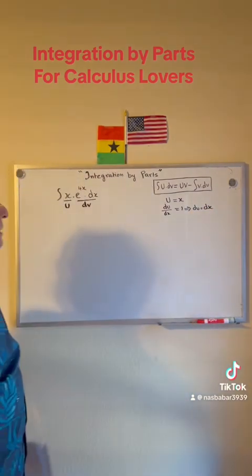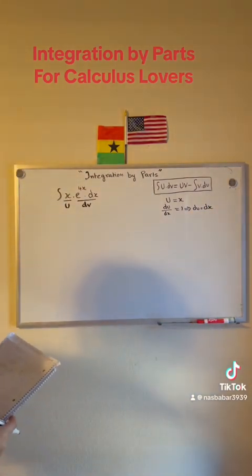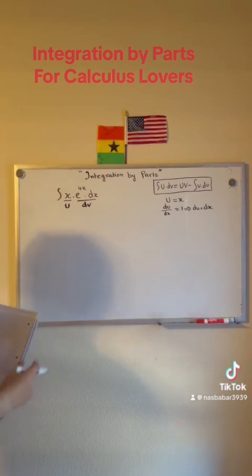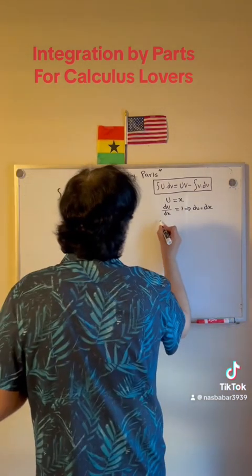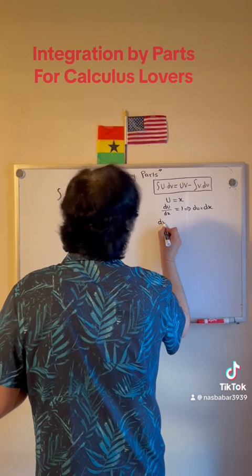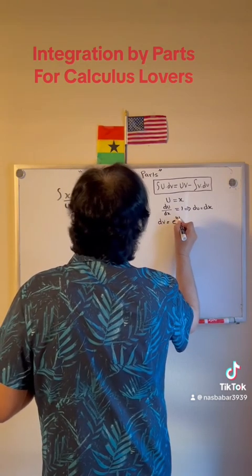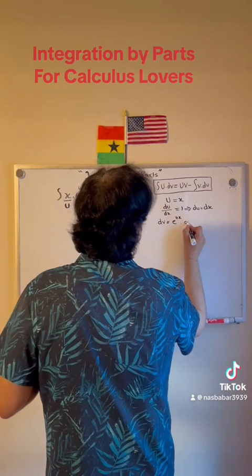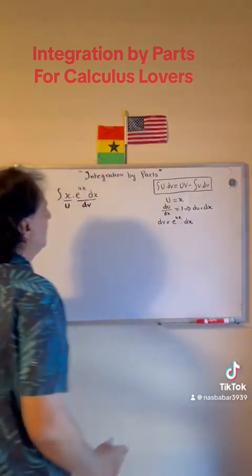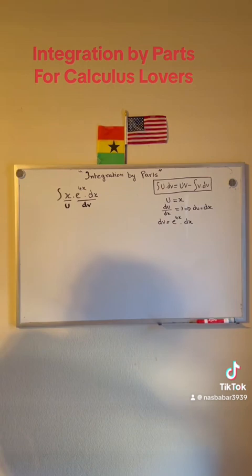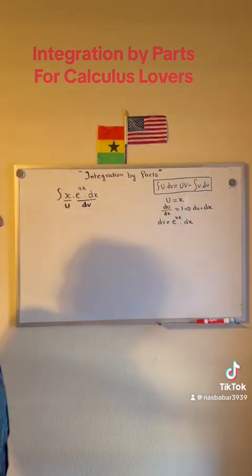Now the second part, we assumed dv is equal to e raised to the power 4x dx. That's the assumption we made according to this formula.